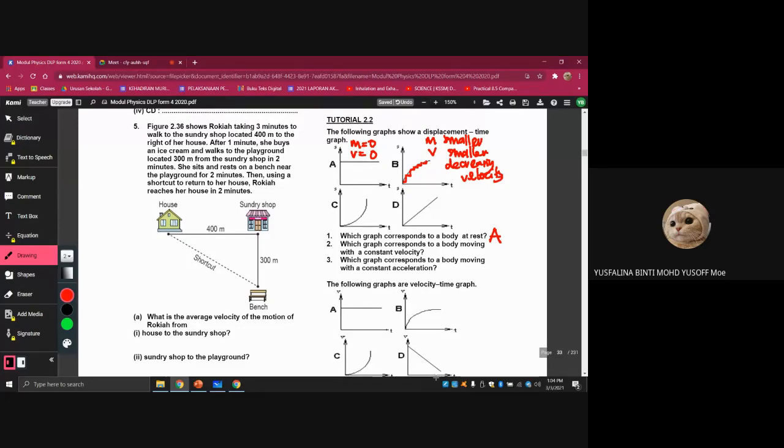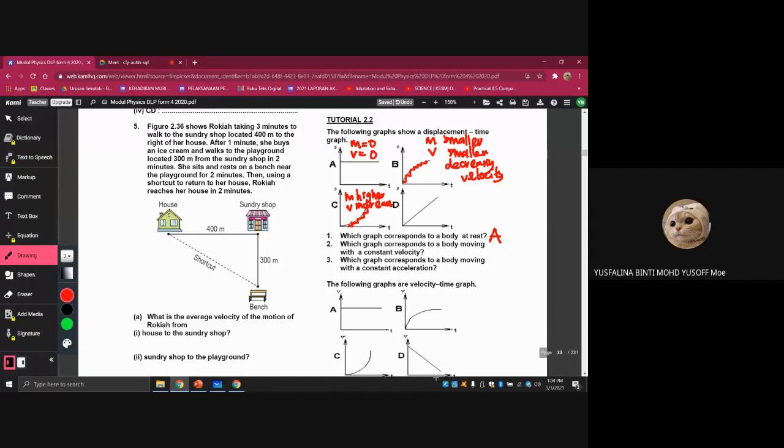For C, if I make a triangle, you can see the size of the triangle becomes bigger, so the gradient is higher, and the velocity also increases.